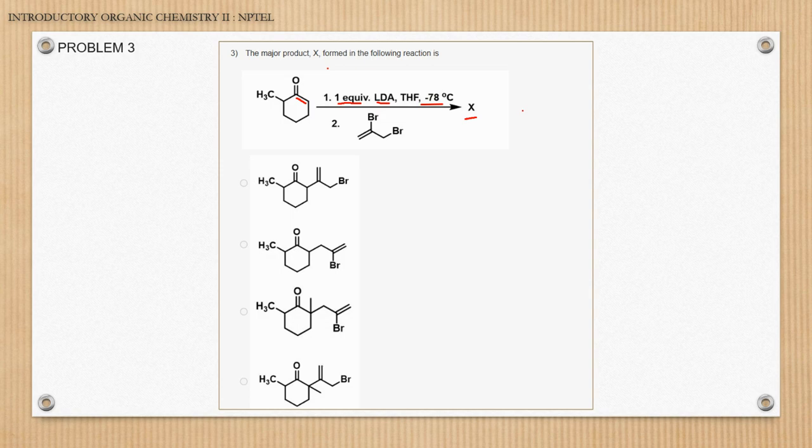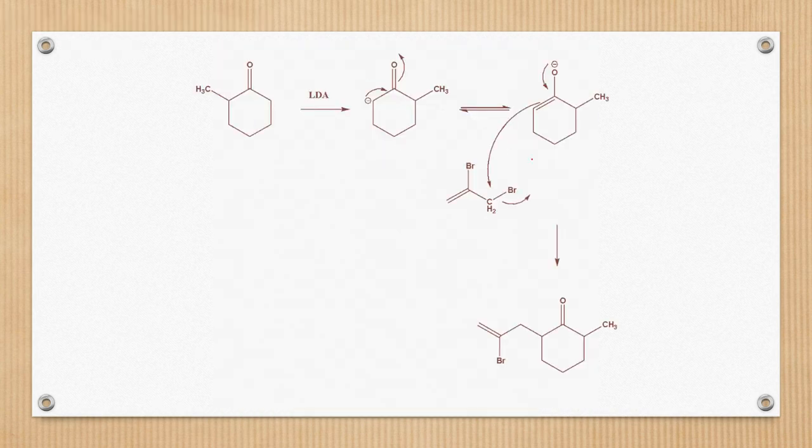After the formation of the less substituted double bond, after the formation of an enolate here, the second step is the alkylation. Now the enolate will come down and attack this carbon rather than this carbon, because it is an sp2 hybridized carbon, and this C-Br bond has a short bond length rather than this C-Br bond that is attached to the sp3 carbon.